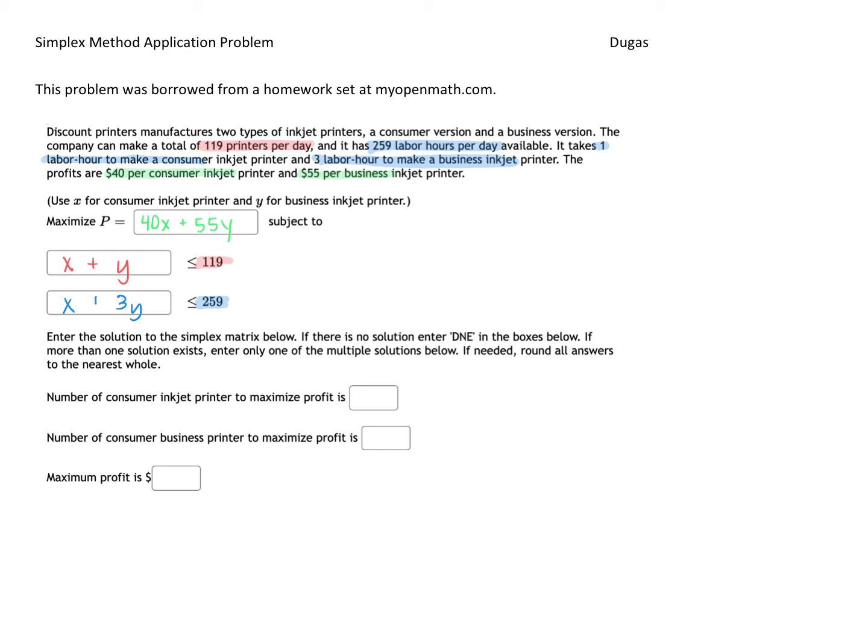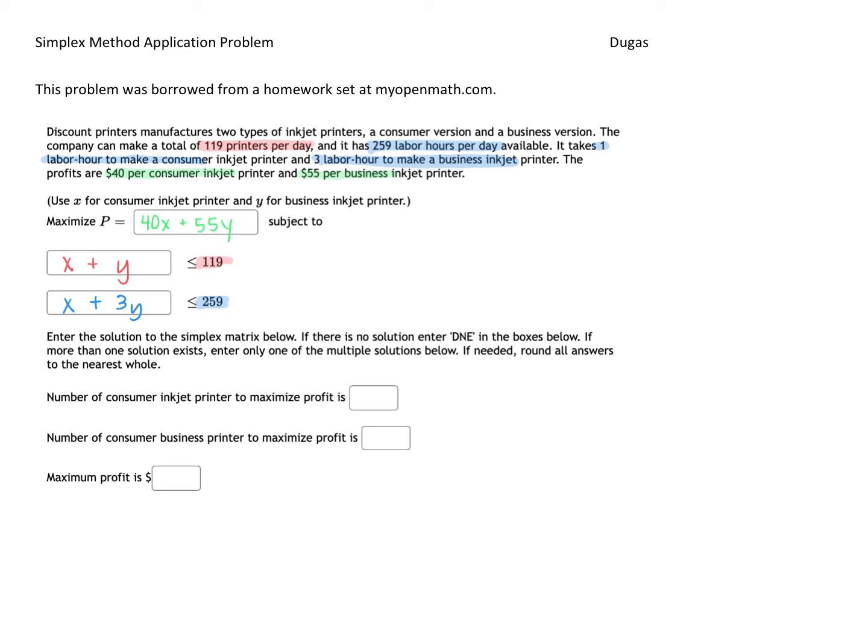If we add up the number of hours that they take to make each type of printer, that cannot exceed the 259 hours maximum per day. So that's how we write the equation that we want to maximize, as well as the inequalities that we're constrained by.